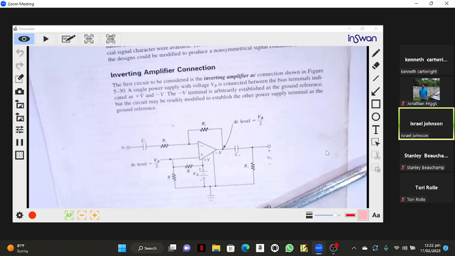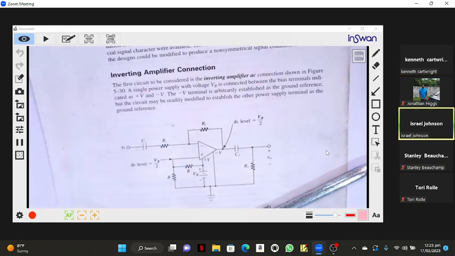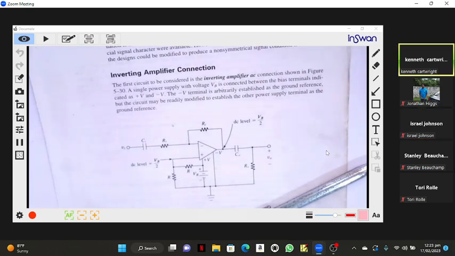You say put the DC source where RO is? No. I said I'm going to connect the output directly to the RO. That's what I said. What would happen?